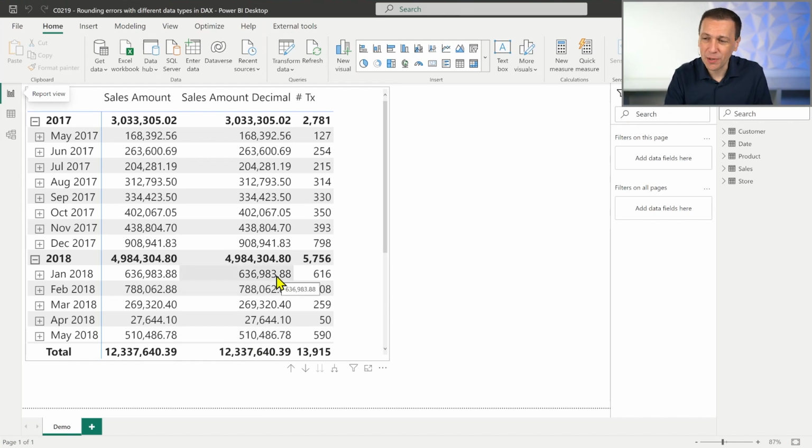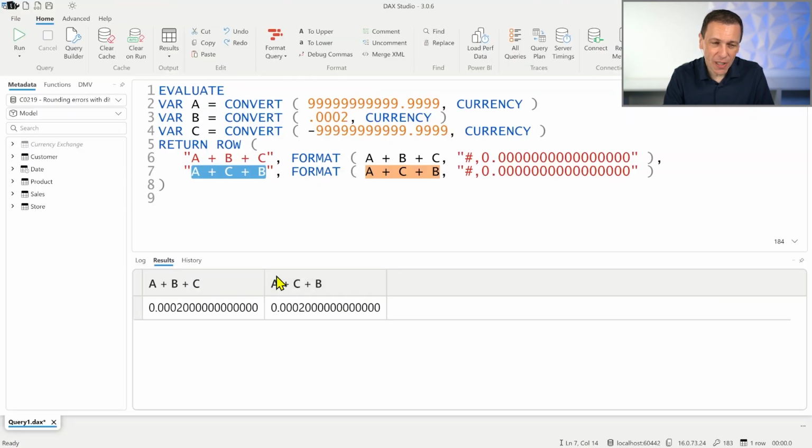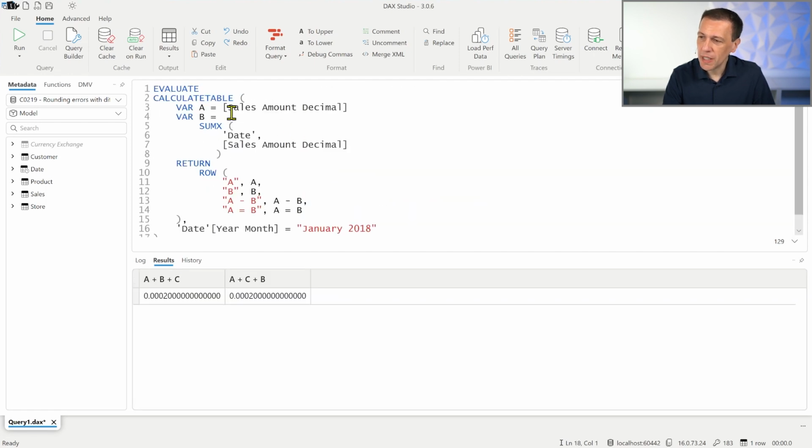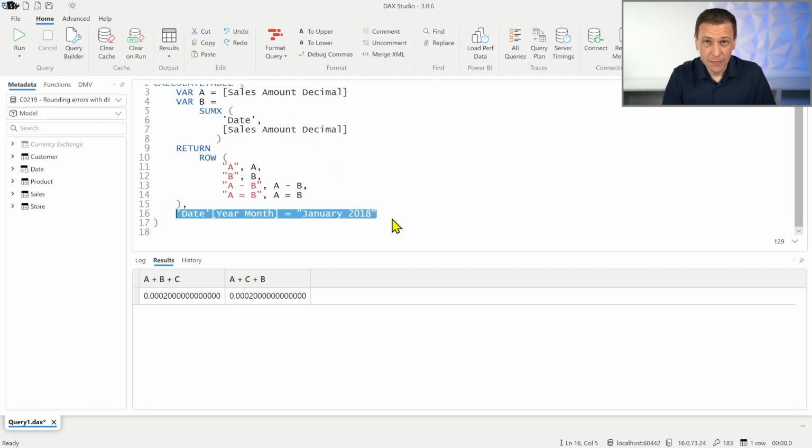But let's try to go to DAX Studio and see what happens if we look at the number in a deeper way, not just the first two decimal digits, 2 digits after the decimal point. So I prepared an evaluate statement where, let me describe what I want to do. I want to filter just 1 month, let's say January 2018.